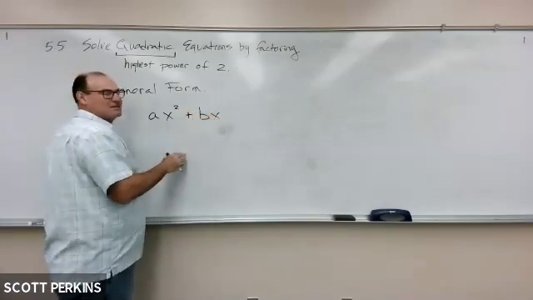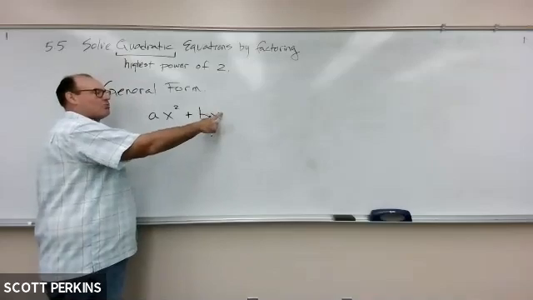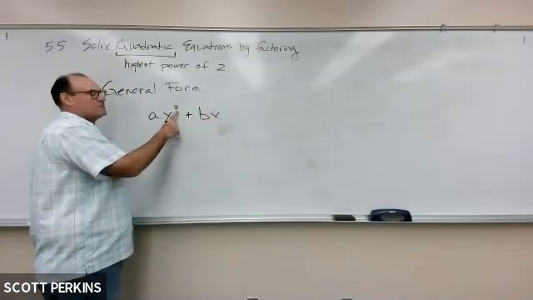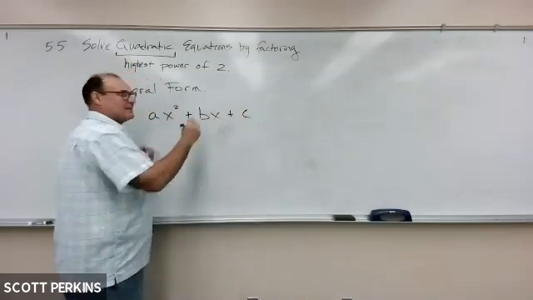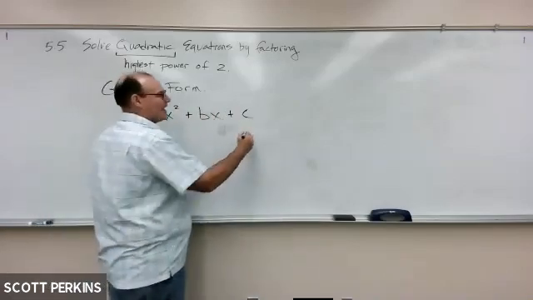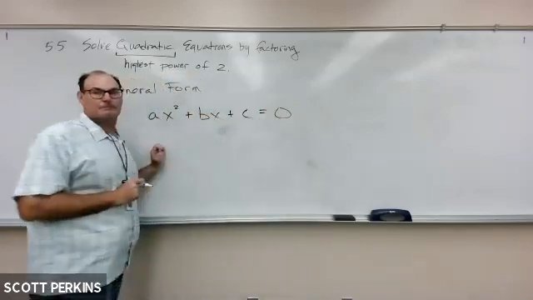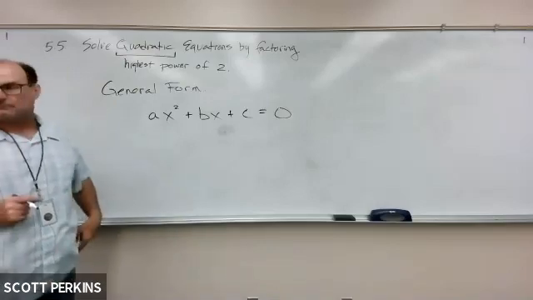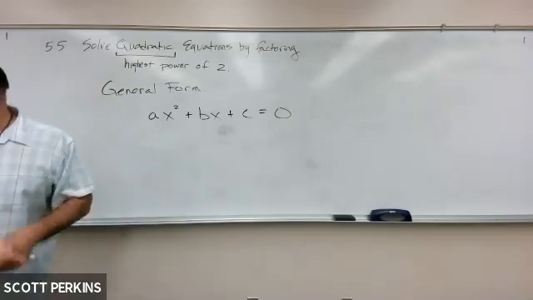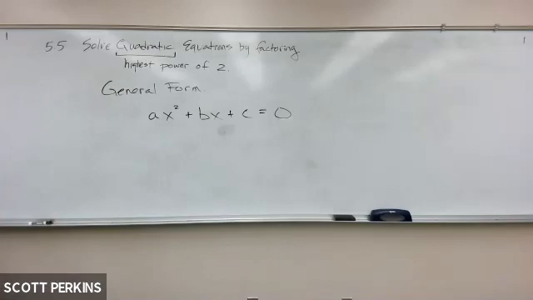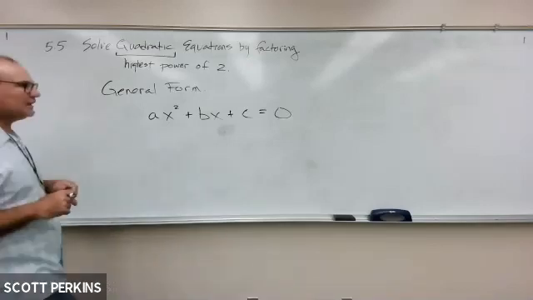Plus bx. So that has a power of 1. So my x squared term is still the highest power. Plus c, which is just, again, any number. And it's equal to 0.